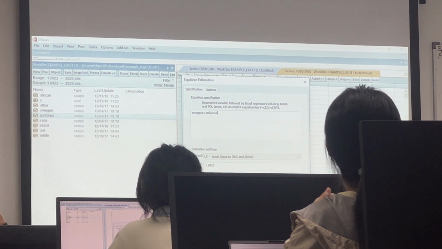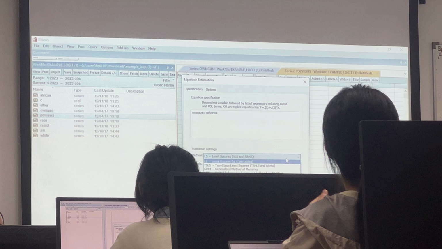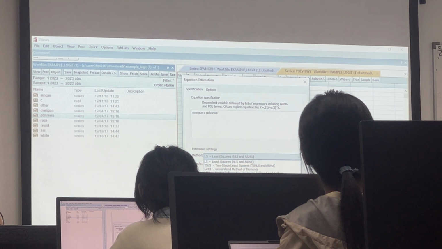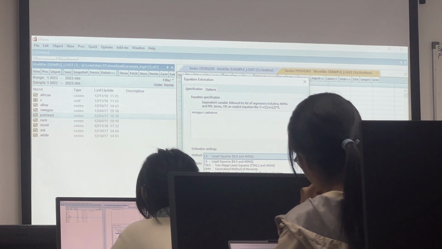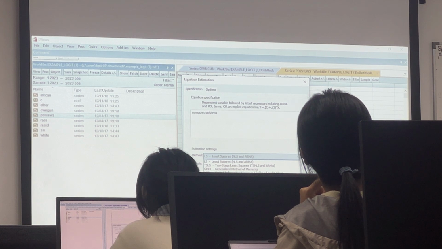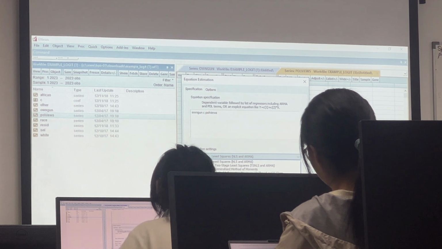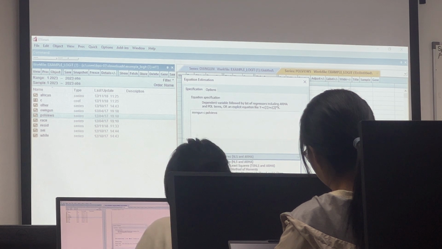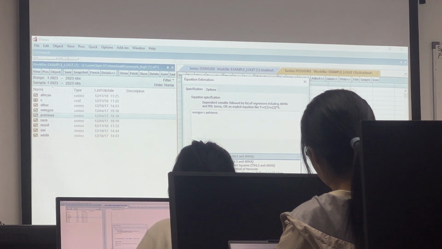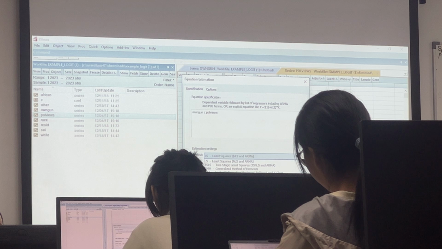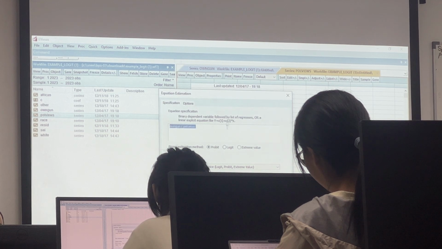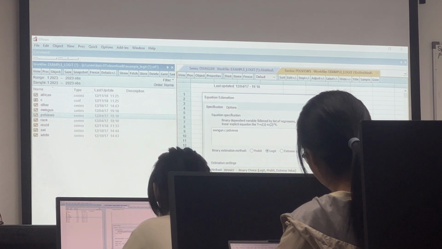You can use the logistic model. So you need to select binary, then select logit.